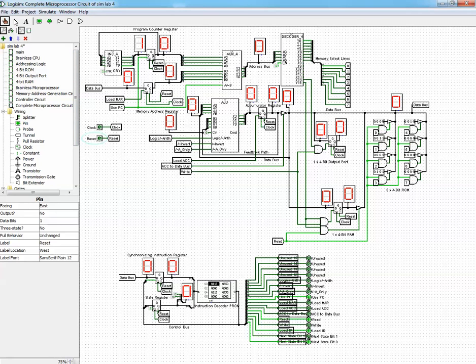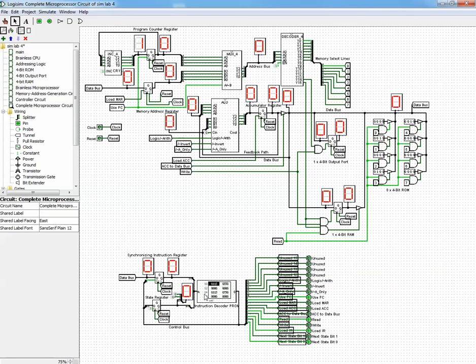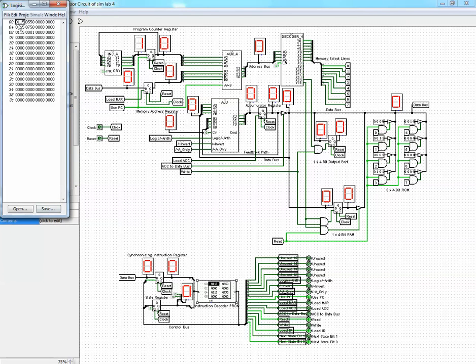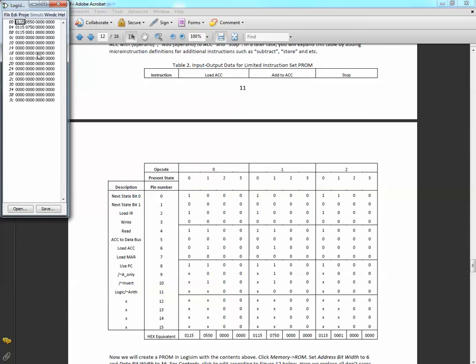Before ticking the clock, we need to make sure that these numbers are stored in the instruction decoder. So let's have a look at the instruction decoder, the ROM. 0115, 0550, and 0000.